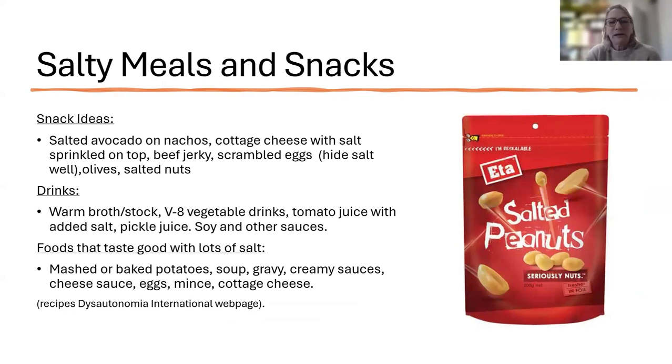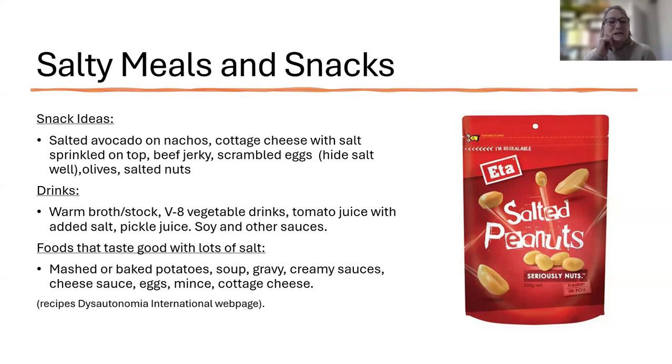So how do we increase salt in our diet? There's lots of ways you can do it, lots of good snack ideas that you can use: dried foods, scrambled eggs, olives, salted nuts, a lot of those drinks like broths and Marmite, I guess. I know someone used to have Marmite drinks and they're quite salty.